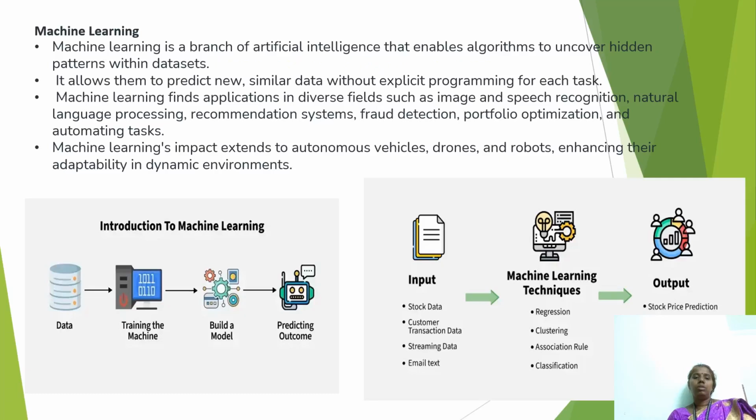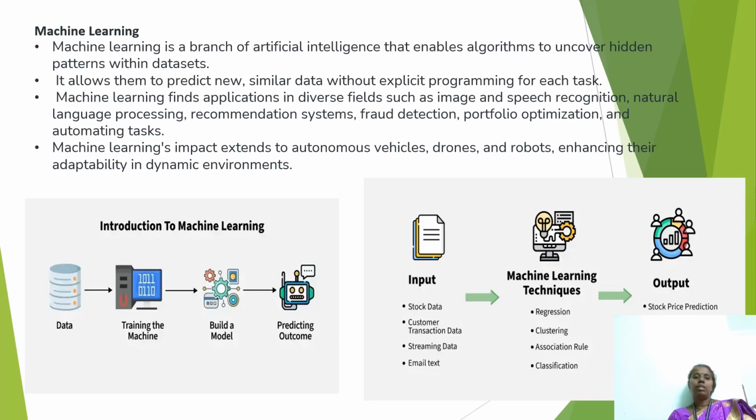Now we are going to discuss machine learning. What is machine learning? It's a branch of artificial intelligence that enables algorithms to uncover hidden patterns in a dataset. Machine learning allows them to predict new, similar data without explicit programming for each task.